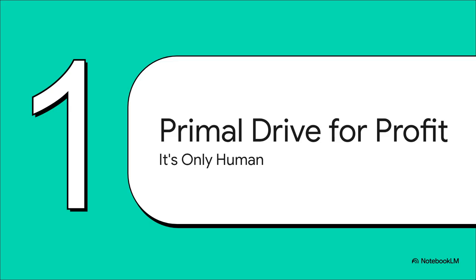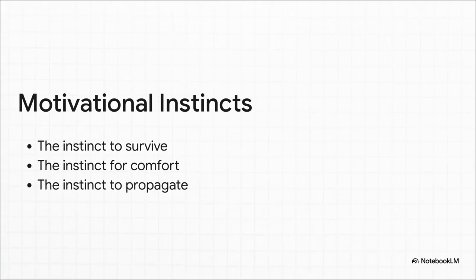So let's really dig into that first part, the drive for profit. It's so easy to think of it as this modern Wall Street kind of thing, right? But the material we're drawing from frames it as something way deeper, a core part of what makes us human. To really get it, you gotta go way back to our core evolutionary instincts.